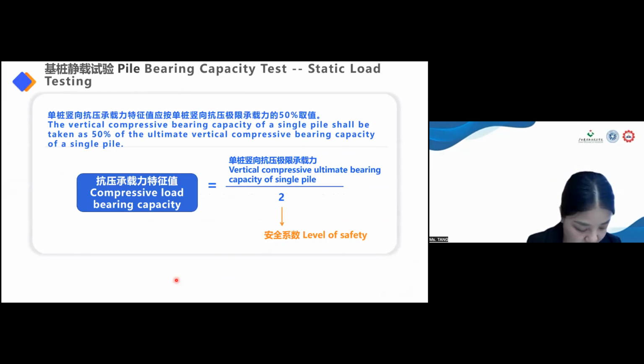The characteristic value of vertical compressive bearing capacity of a single pile shall be taken as 50% of the ultimate vertical compressive bearing capacity of the single pile. The 2 is the level of the safety.